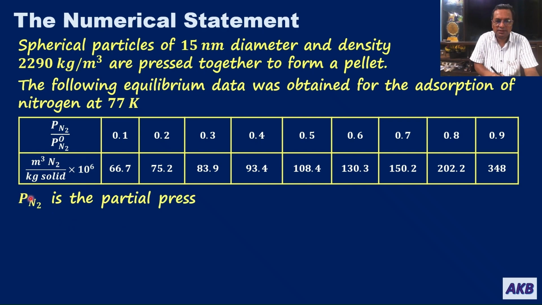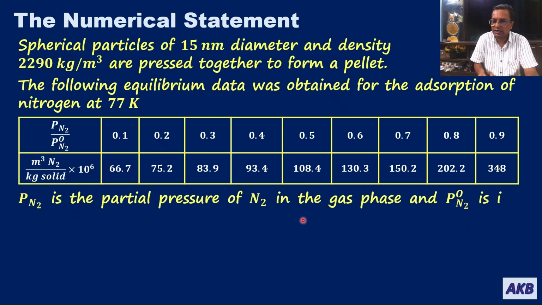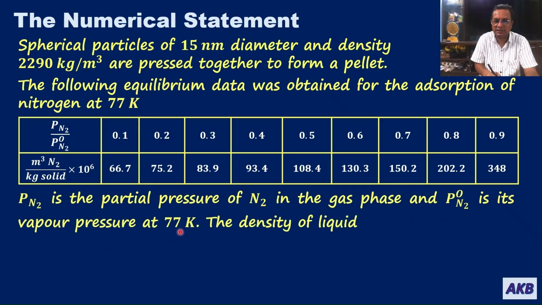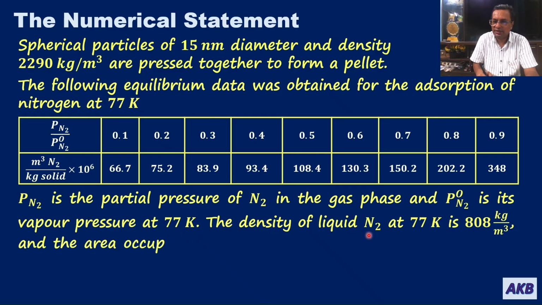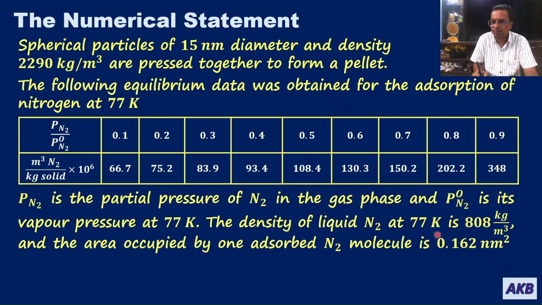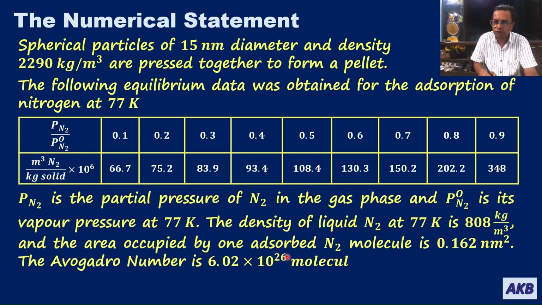In this case, Pn2 is the partial pressure of nitrogen in the gas phase, and Pn2 naught is its vapor pressure at 77 Kelvin. The density of liquid nitrogen at 77 Kelvin is 808 kg per meter cube, and the area occupied by one adsorbed N2 molecule is 0.162 nanometer square.